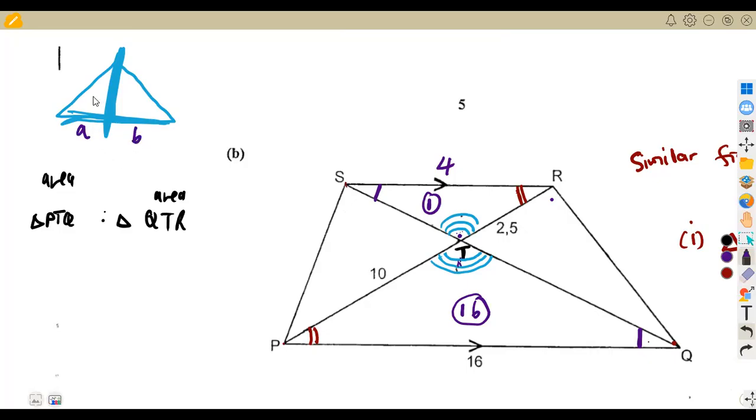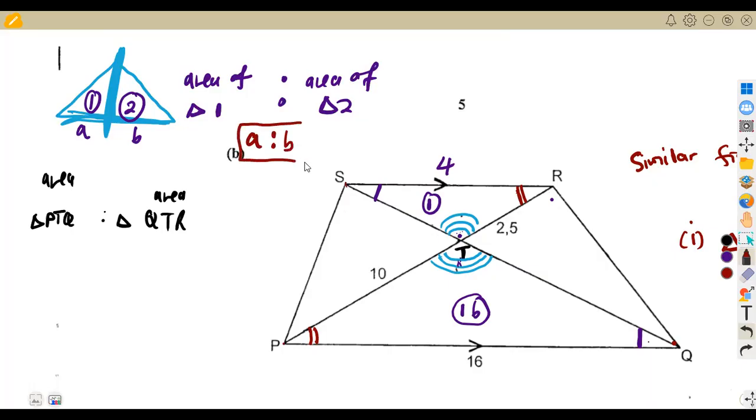On this condition, the ratio of the area of triangle 1 to the area of triangle 2 is going to be taken as A as to B. You do not square anything. You don't square any side to say these figures are similar. They just share the same height. Once it's like that, you are going to take the ratio of sides. That ratio of sides is your ratio of areas. That is how you take this one.